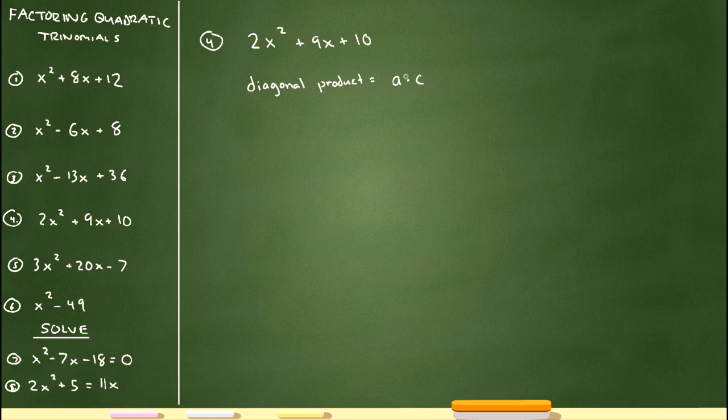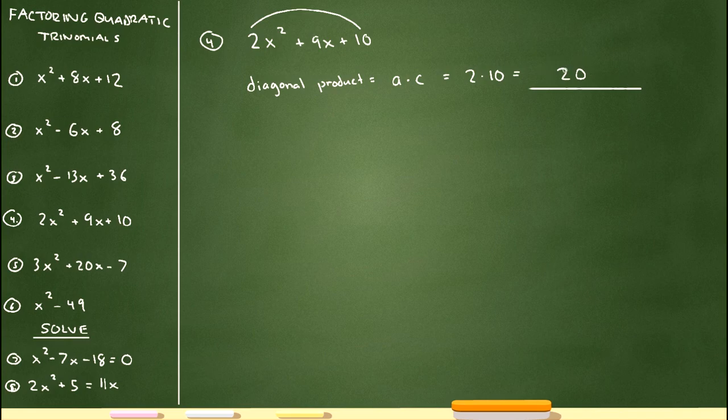When a is 1, of course the diagonal product is just c. So that's what we were doing in the first 3 examples. Here we want to take a times c, right? In this case, it is 2 times 10, which is equal to 20. Now, we want to repeat that step.